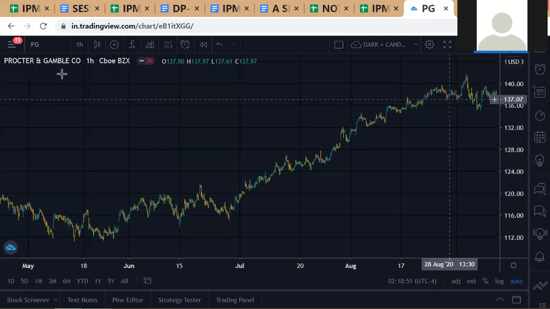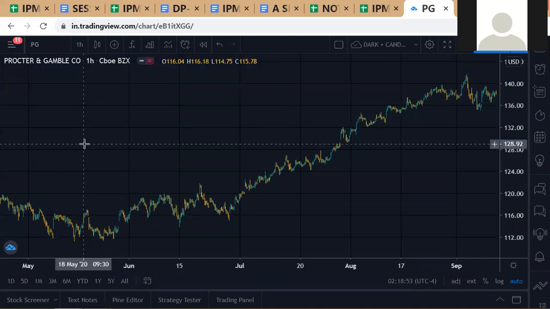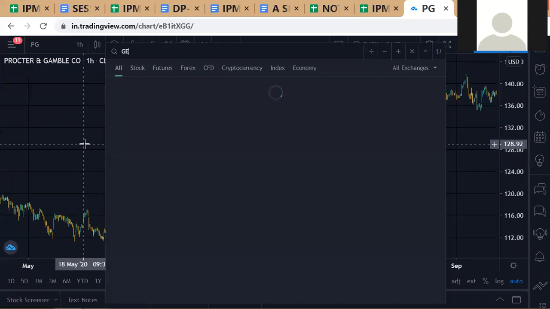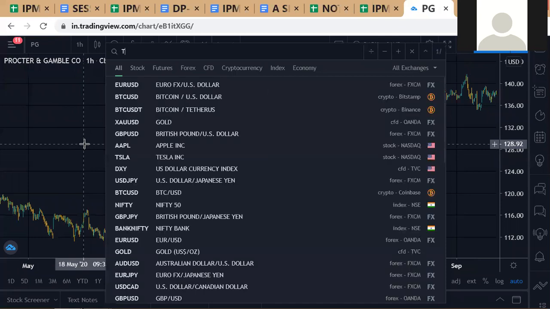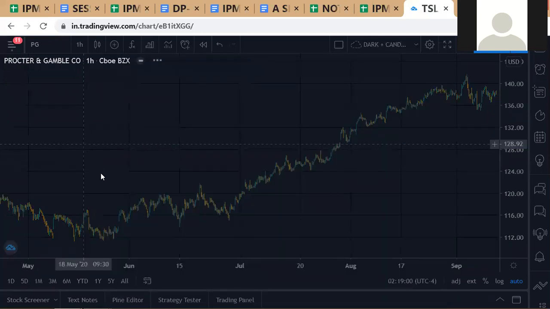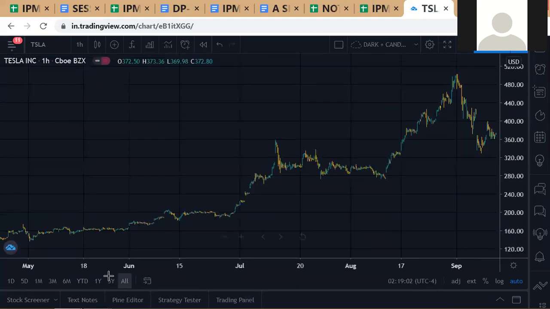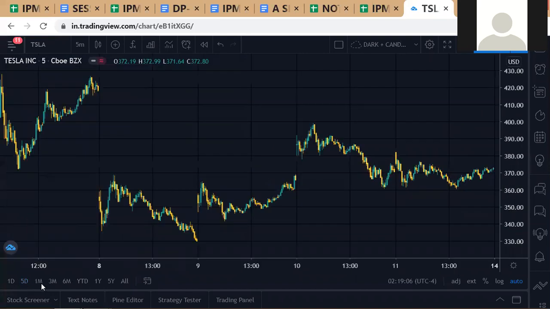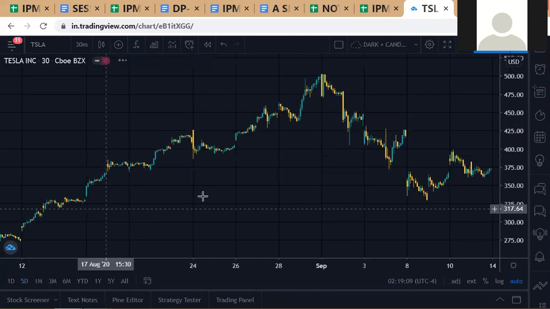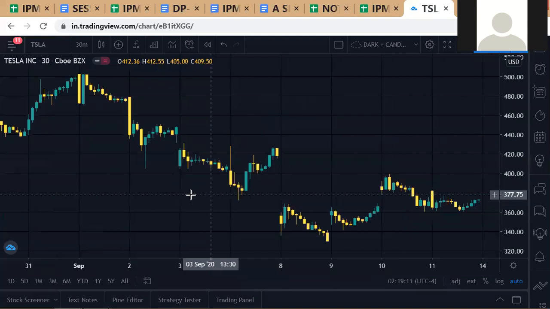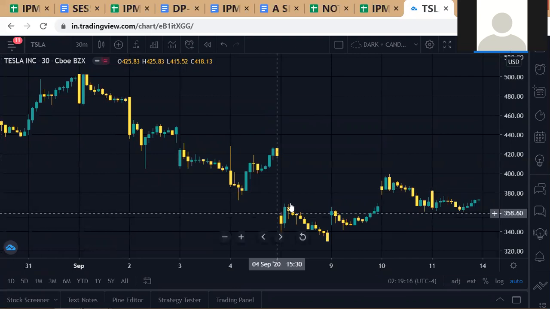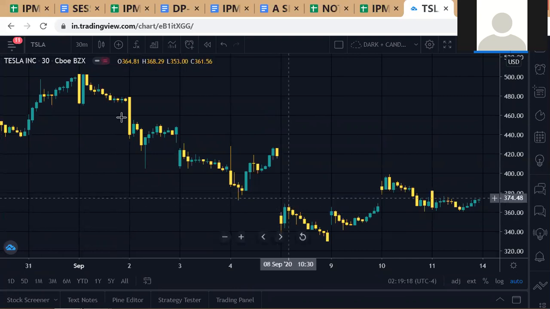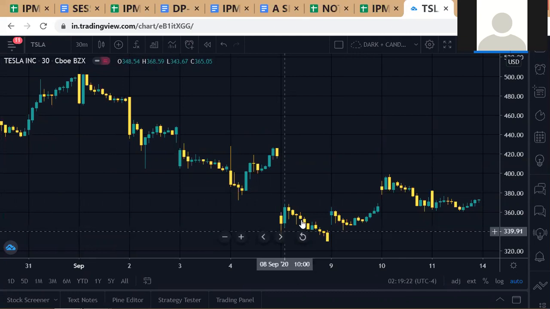When you go short, if you take any short position in a stock, let's say just the last decline in Tesla, if you have gone short, looking at the very short term downtrend, then your stop would probably be over here.